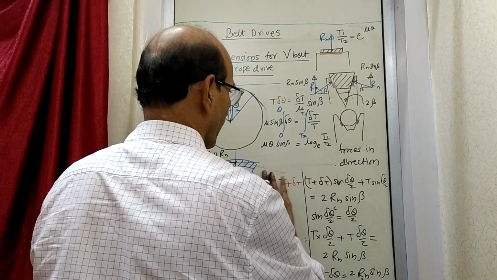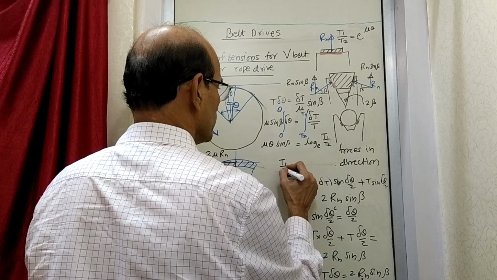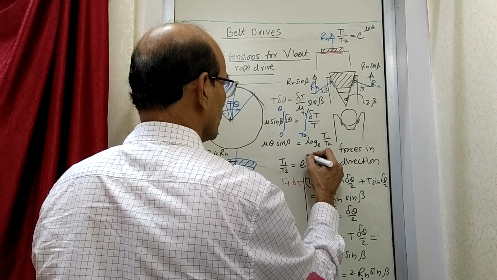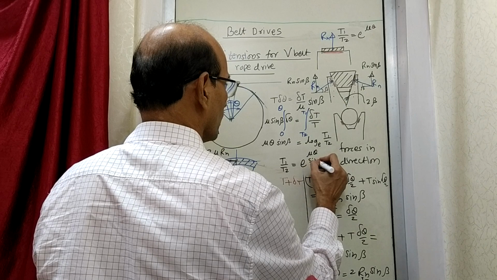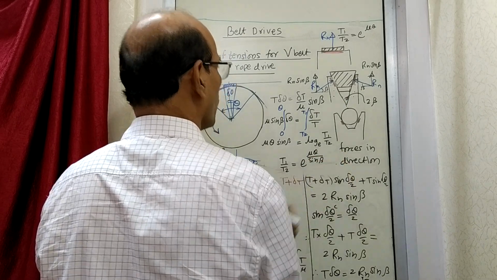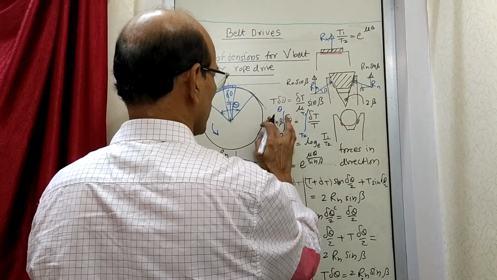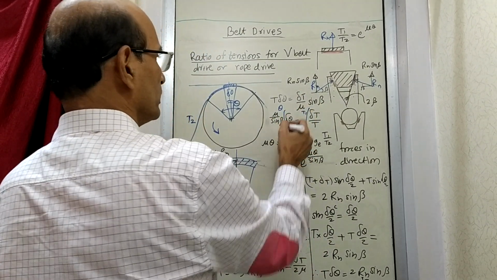Therefore, T1 upon T2 is equal to e raised to mu theta upon sin beta. This is mu delta theta upon sin beta.